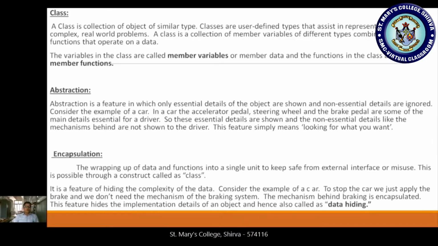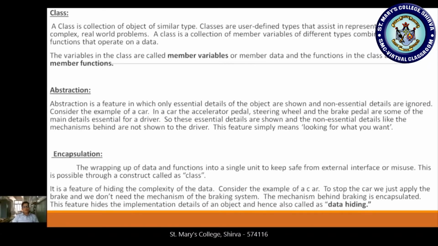The variables in the class are called member variables or member data, and functions in the class are called member functions. Actually in Java, we do not treat them as data members and member functions. Now onwards, data members are treated as data, and member functions are treated as methods. So this is the pure concept of data and methods in Java.